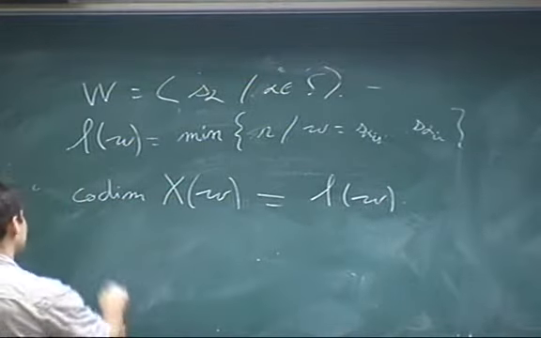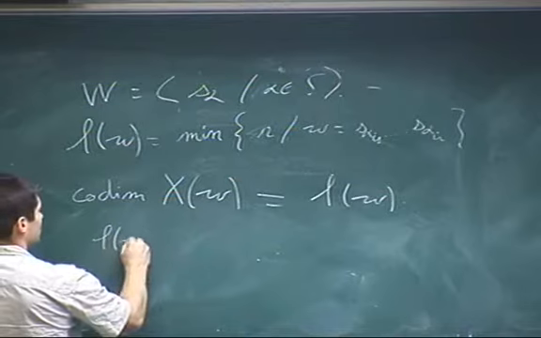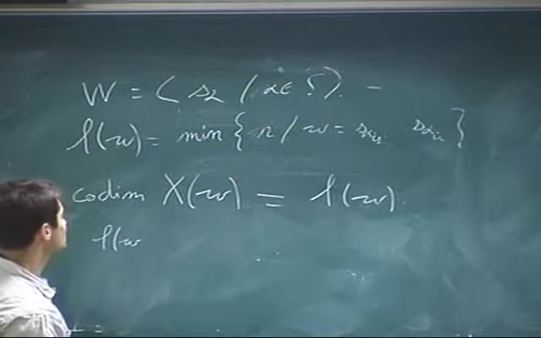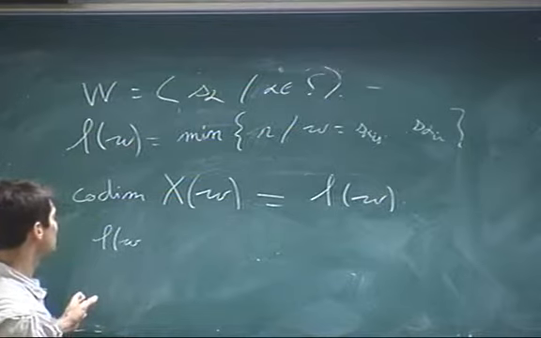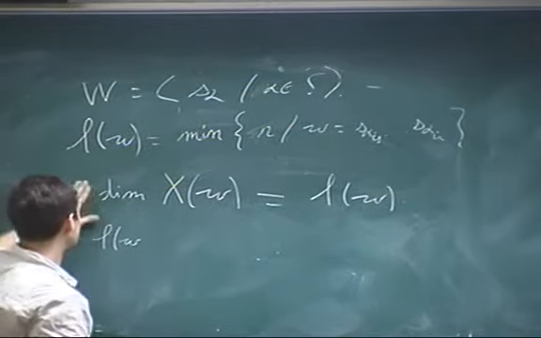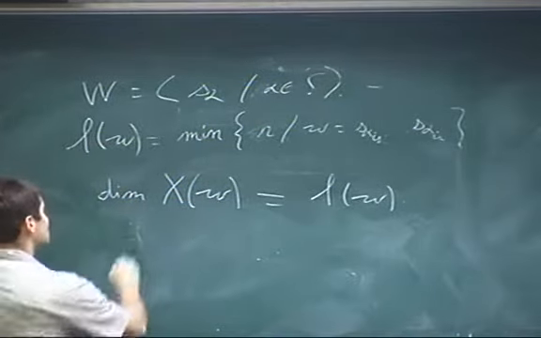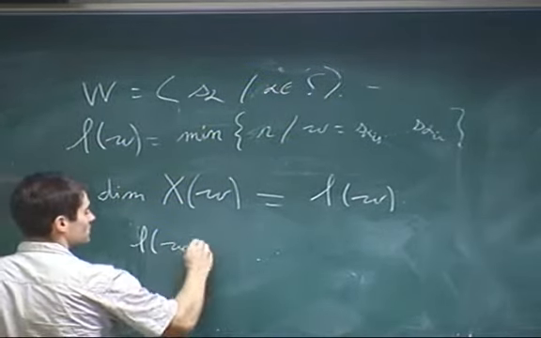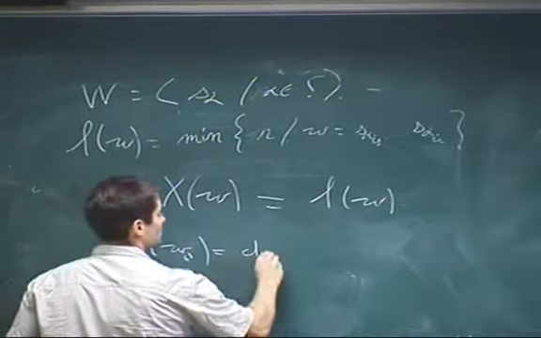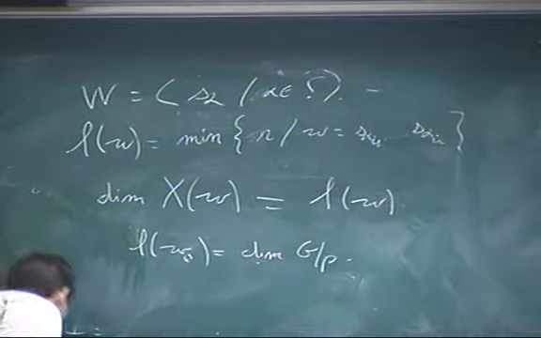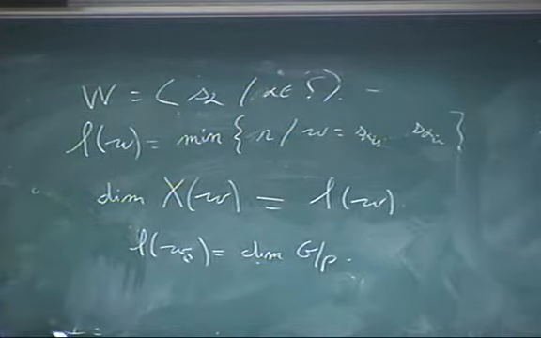So in particular the length of, no, it's the dimension, sorry. The length of W0 is equal to the dimension of G mod P. Okay.